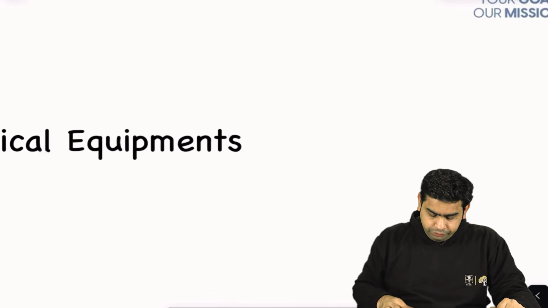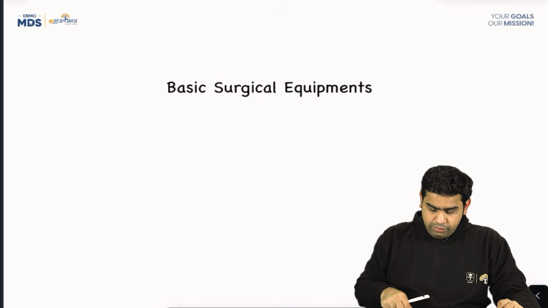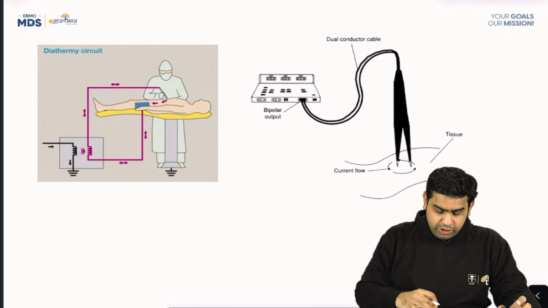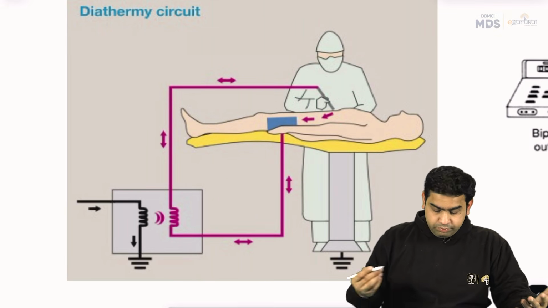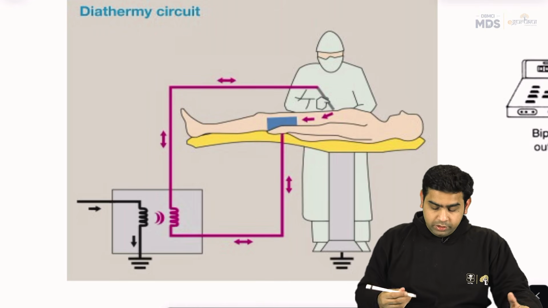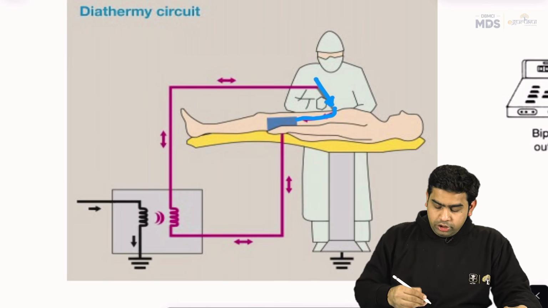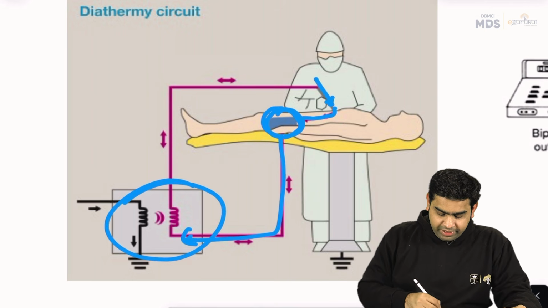Now, I have a small image to show what I just explained. Here, the surgeon is using a monopolar cautery. The current passing through the cautery travels through the body of the patient, is picked up by the patient plate, and is brought back to the cautery machine.